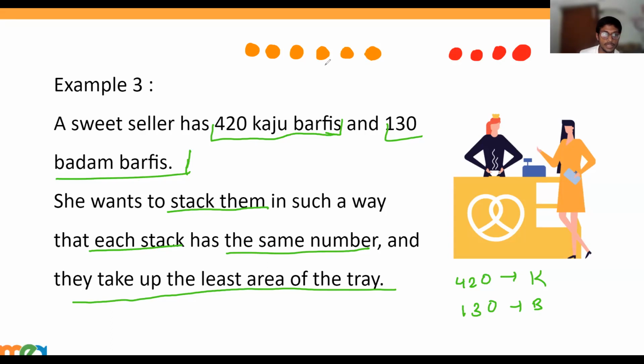So what we'll do is to calculate the HCF of 4 and 6. We know that the HCF of 4 and 6 will be 2. So now we will make stacks having 2 fruits in each. Let's see how we can do this.